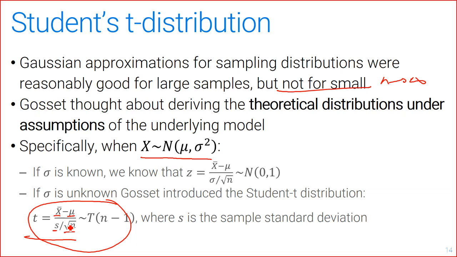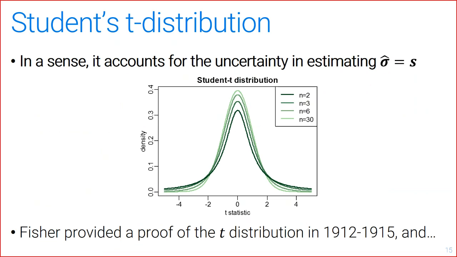In a way, it's accounting for how much uncertainty we have in estimating the population standard deviation with the sample standard deviation. Because this is, again, subject to random error, the t-distribution accounts for that random error.